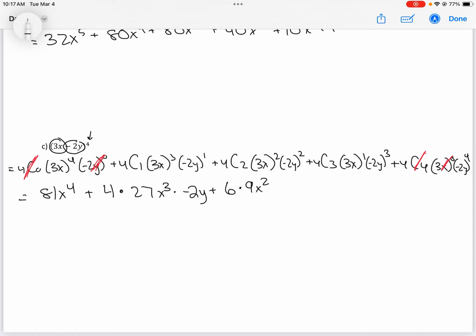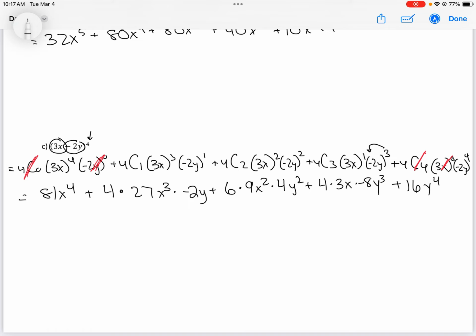And negative 2 squared, we get positive 4, and then y squared. 4 choose 3, we get 4. 3x to the 1, we just get 3x. Now, negative 2 times negative 2 times negative 2, right? So the negative 2 cubed is going to give us negative 8, and then we have a y cubed. Now, negative 2 to the exponent 4 is 16, y to the 4.